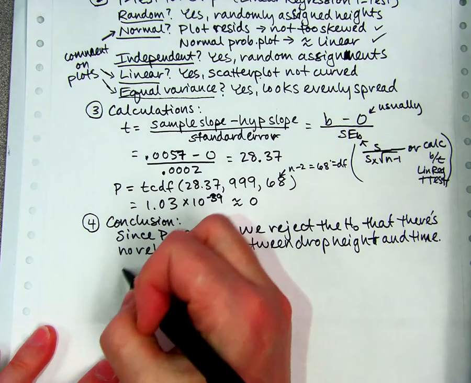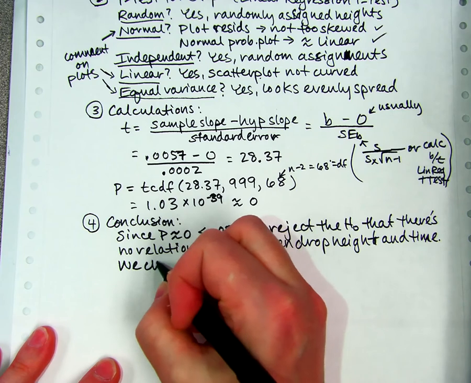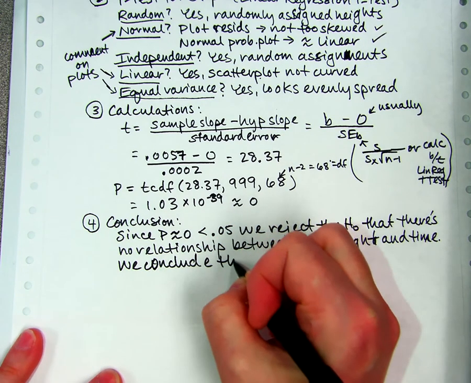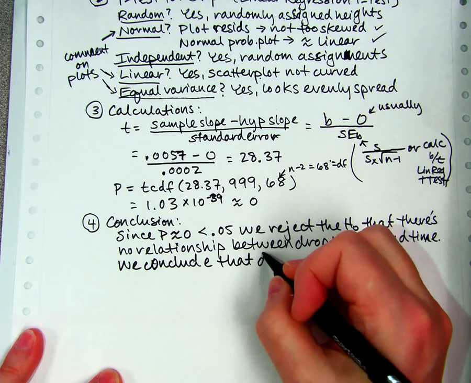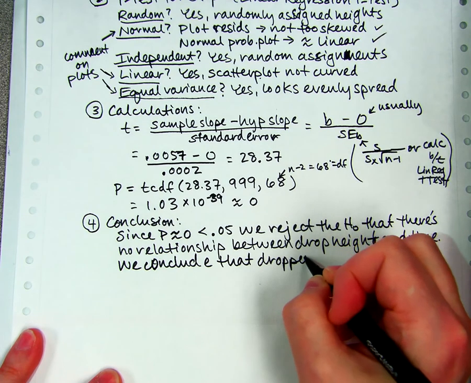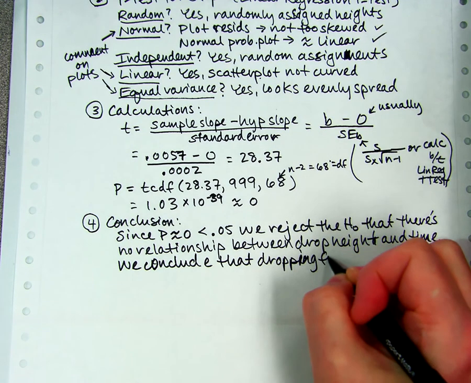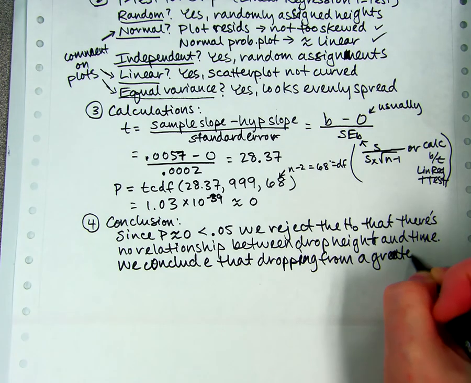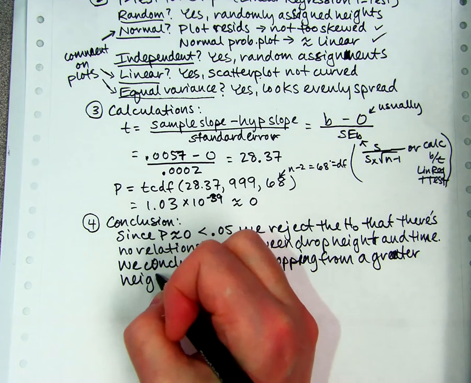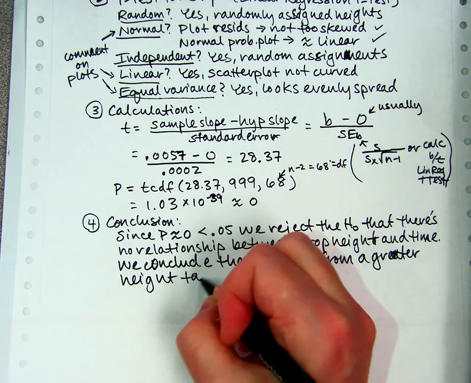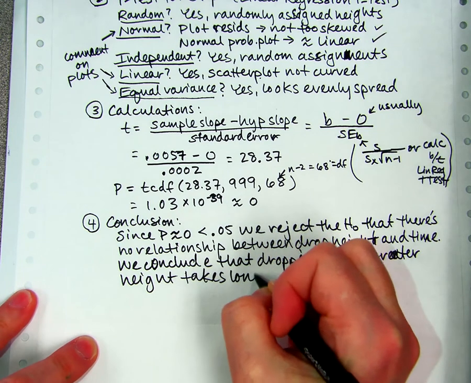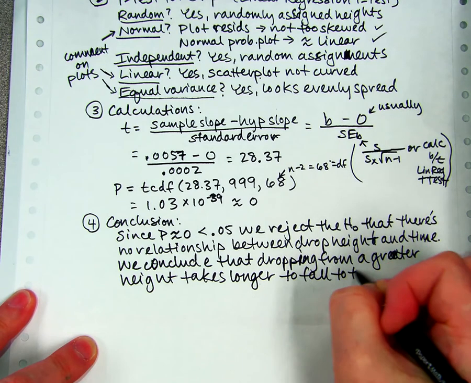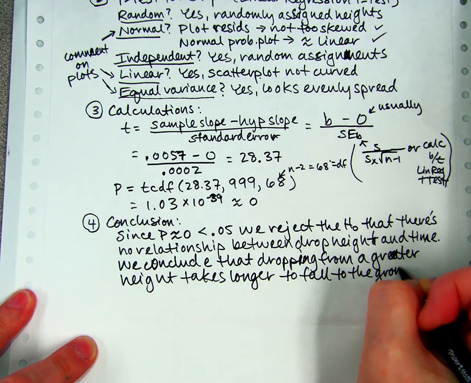We conclude that there's a positive relationship, and I'm going to put that in context by saying we conclude that, this is so obvious, that dropping from a greater height takes longer to fall to the ground. If you drop it from higher, it takes longer to fall.